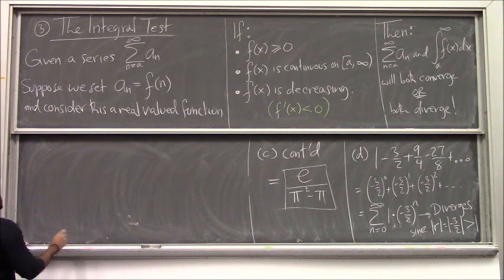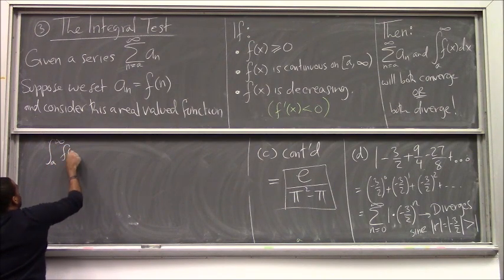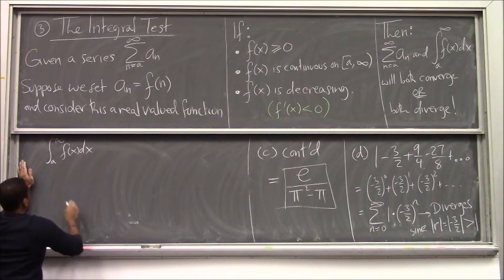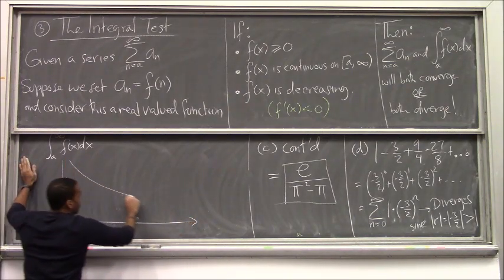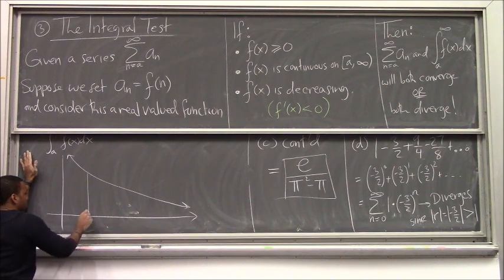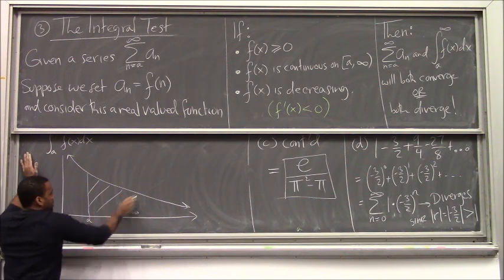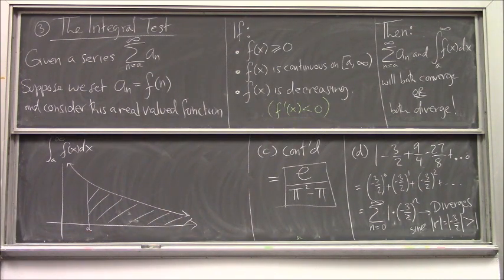So now, if you look at what this actually looks like, it means you have some function that's moving down as you go off to infinity, and you are finding the area under the curve from a to infinity. Right? So now, that area actually exists.